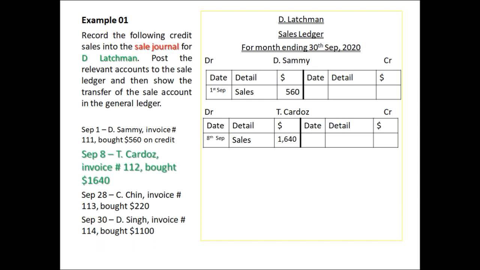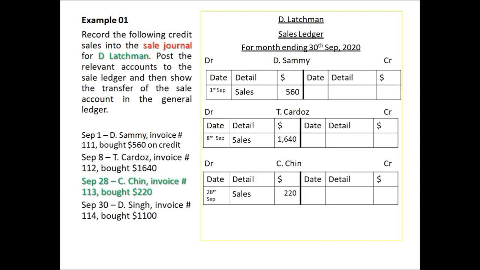So once he's receiving something, we place it on the debit side of his account. Then we move on to the next transaction. 28th of September, Sechin bought $220. Since Sechin bought it on credit, he's not paying out cash, but he's receiving goods worth $220, so we place it on the debit side of his account.